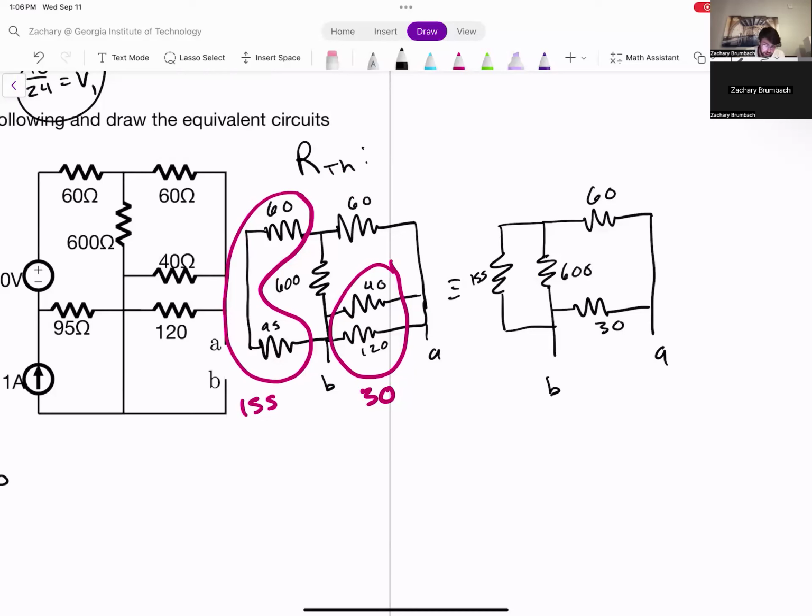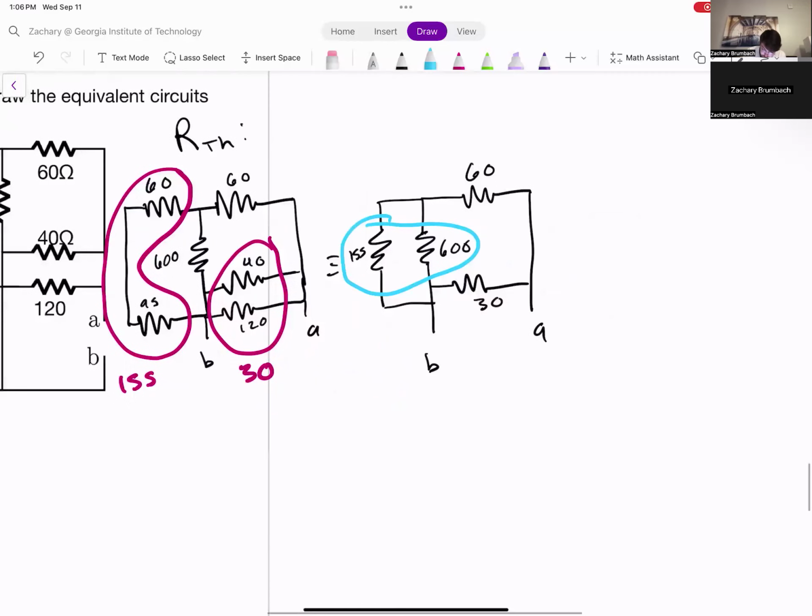So now what we have is these two in parallel, and that's it. Nothing else is in parallel or in series clearly, okay? It may look like they are, but they're not actually in series or parallel because we need to look at the nodes.